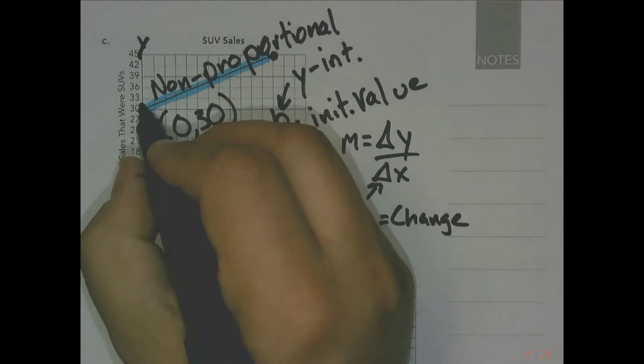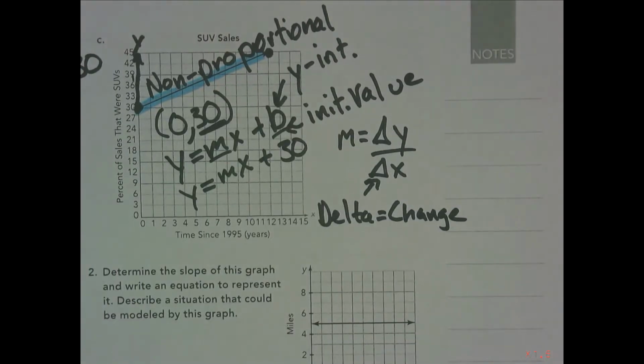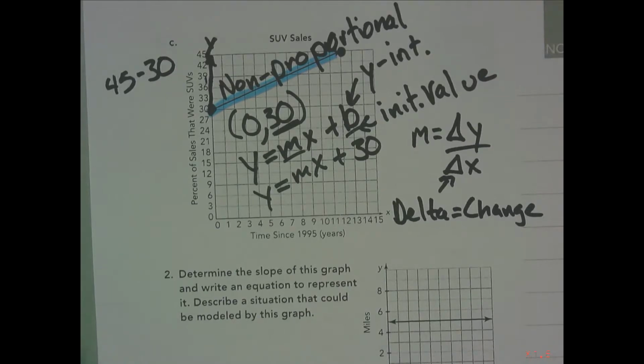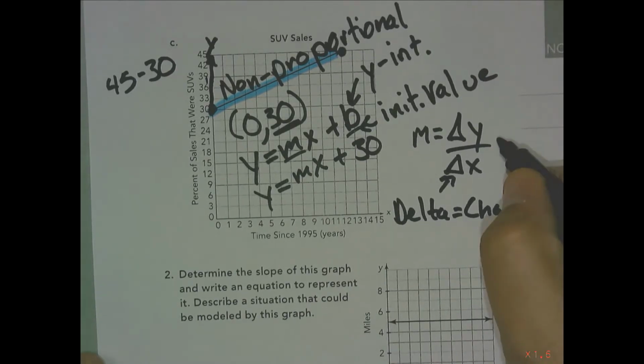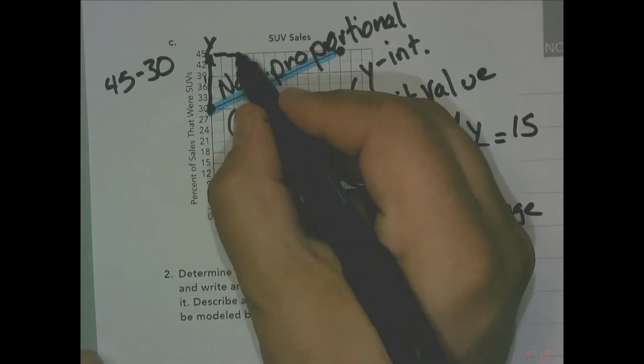So I'm going to choose that point. So now if I'm going from 30 to 45, I would say 45 minus 30. Okay? What is 45 minus 30? 15. So I would put 15.